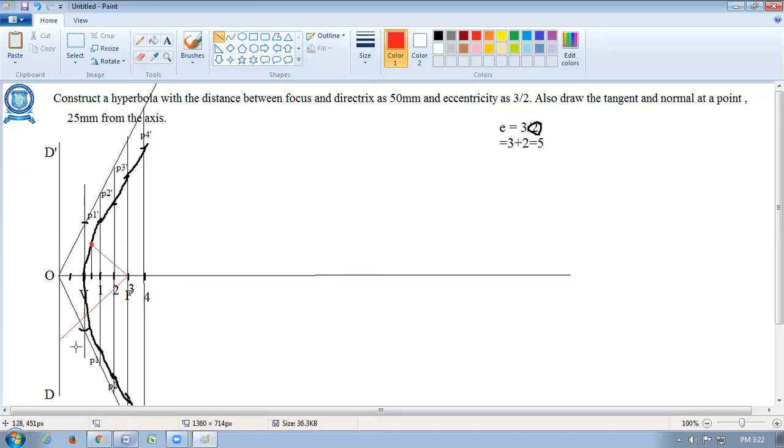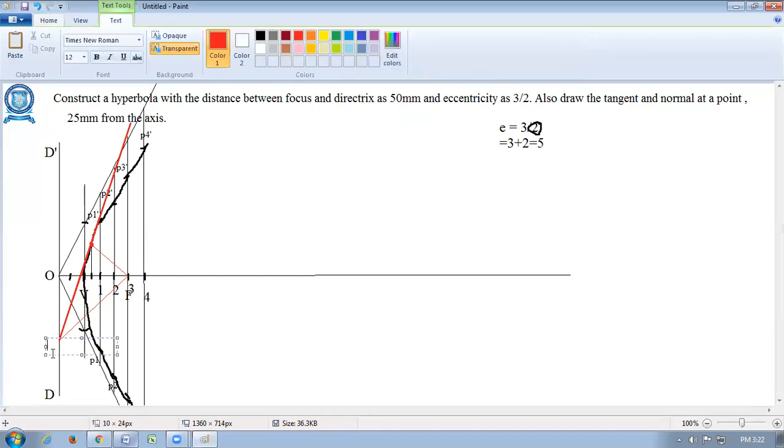This is a tangent point. Then from this point, we draw the tangent line connecting like this. This is the tangent line. Mark it as T and T dash.